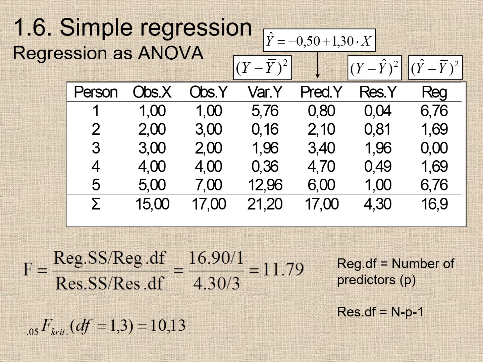In each row, we take the predicted value minus the mean, 3.4, and square that, and do that in each row. We see here this person is predicted to have exactly the mean, so it becomes 0 here. And then we take the sum here, 16.9.